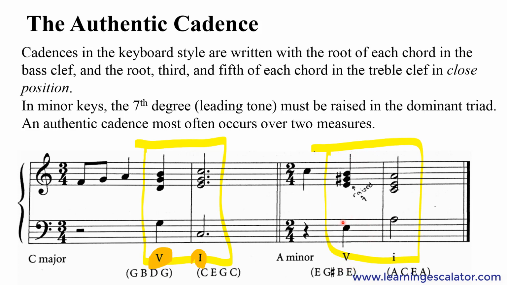The bass clef has an E, which is the dominant of A, and then the treble clef has E, G sharp, and B. The reason it has a G sharp is because it's based on the A harmonic minor, so you have to raise the 7th, which is a G, into G sharp. And the second one is A in the bass clef, which is the tonic for A minor, and then the treble clef has an A minor triad.